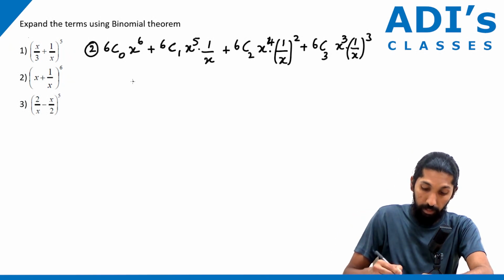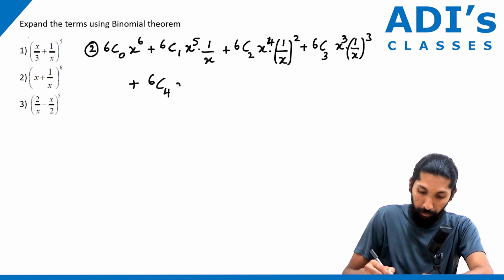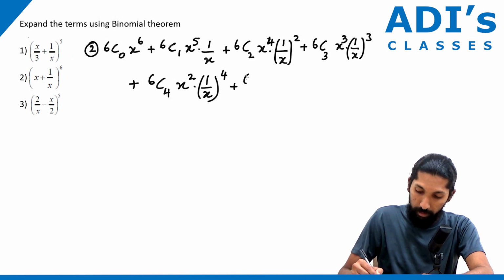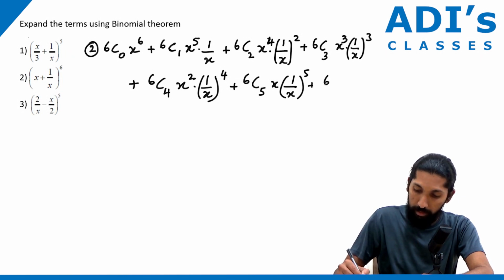Remember, we had done this in the last video. Plus 6C4 x^2 into (1/x)^4, plus 6C5 x into (1/x)^5, plus 6C6 (1/x)^6.